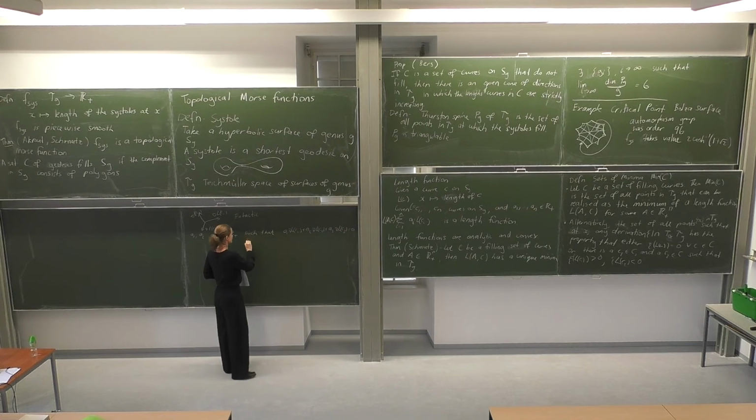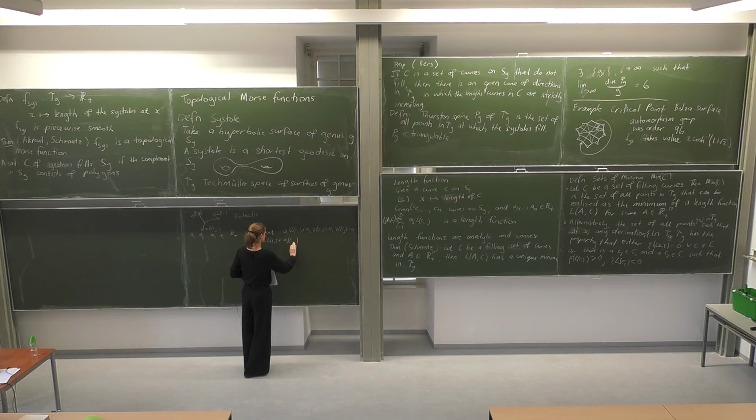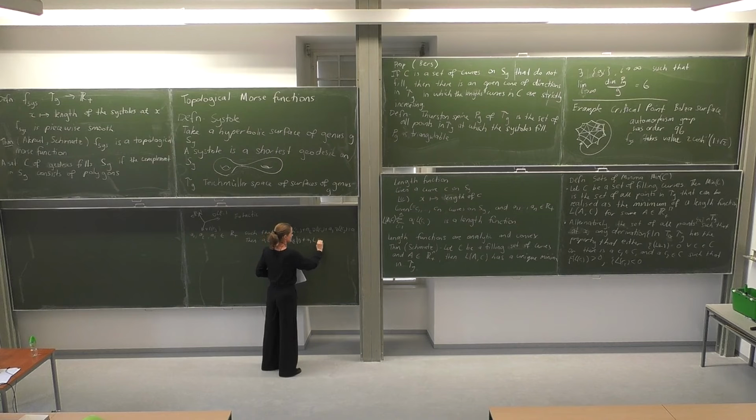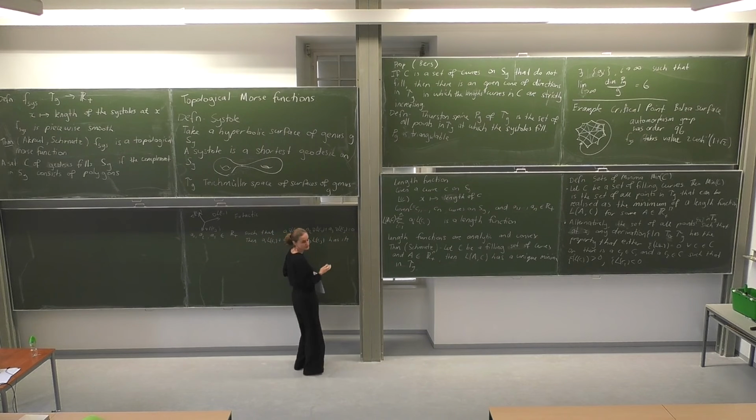And then A1 LC1 plus A2 LC2 plus A3 LC3 has its unique minimum at that point.